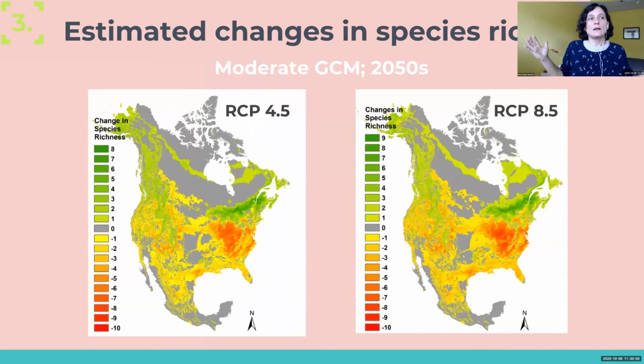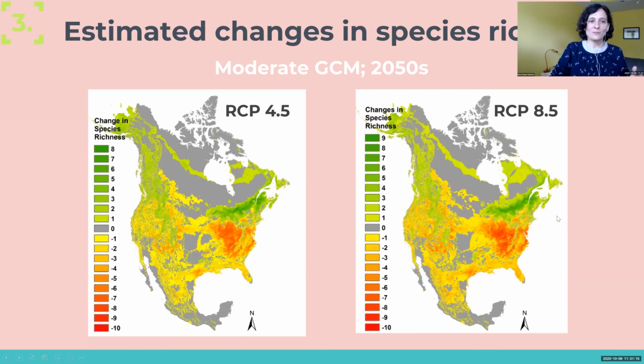Now, we also calculated species richness, current and then future. And we calculated the change in species richness from current to future. And again, in this case I'm showing you just one GCM, to compare the 2 emission scenarios.